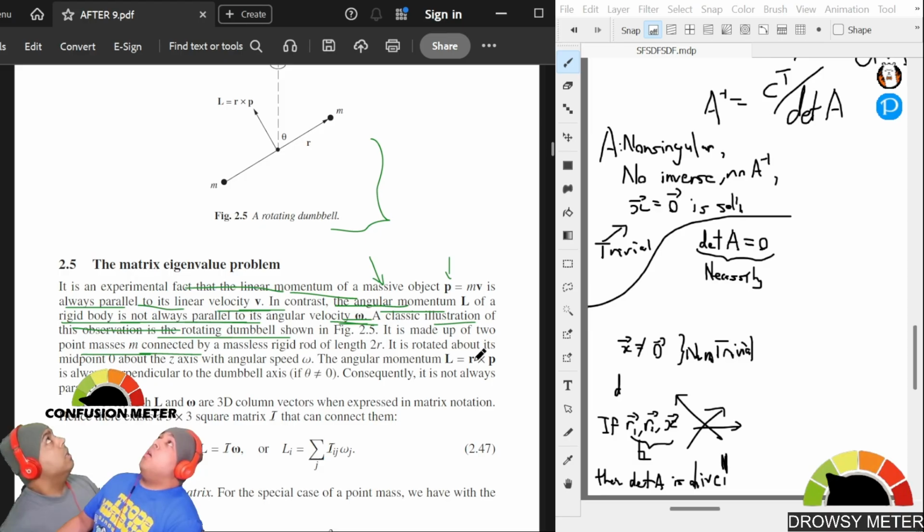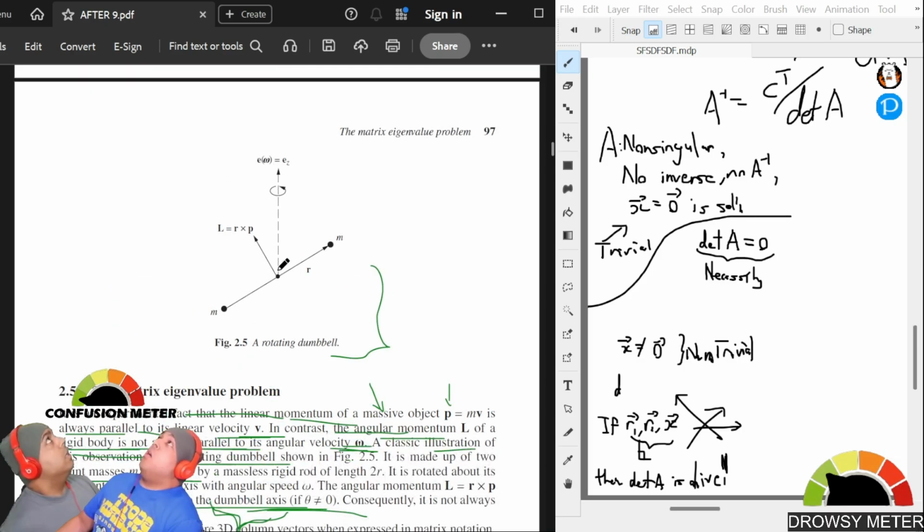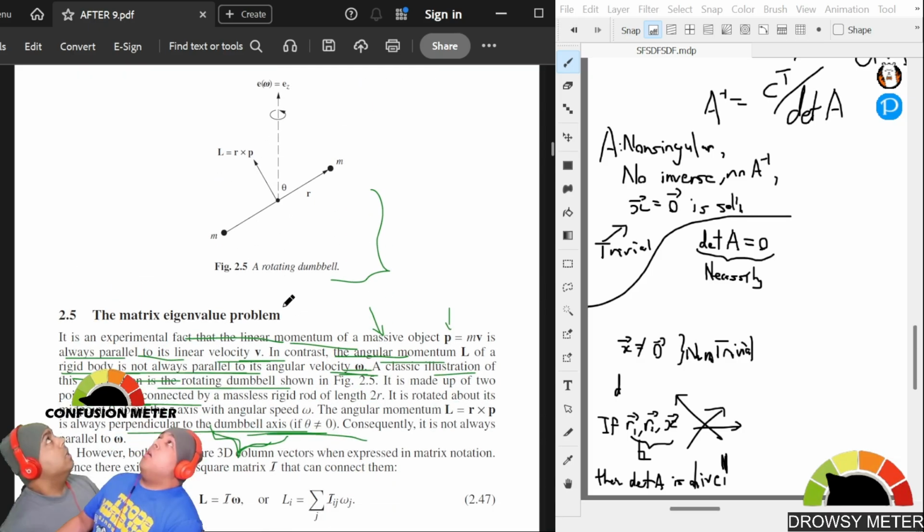The angular momentum L equals r cross p and is always perpendicular to the dumbbell axis. I guess that's the rotation axis. Consequently, it is not always parallel to omega.